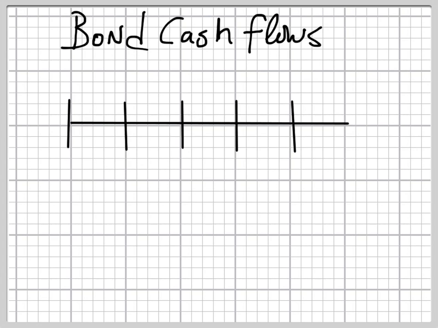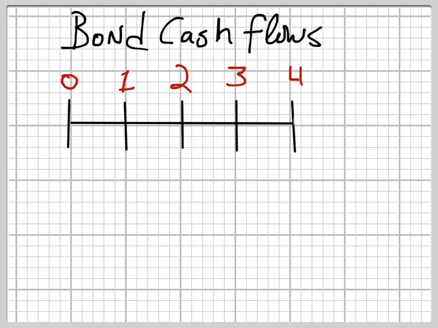Apparently I carried this out a little too far, but we can easily take care of that. We place the periods above, so this is time 0. This is time period 1, 2, 3, and 4.